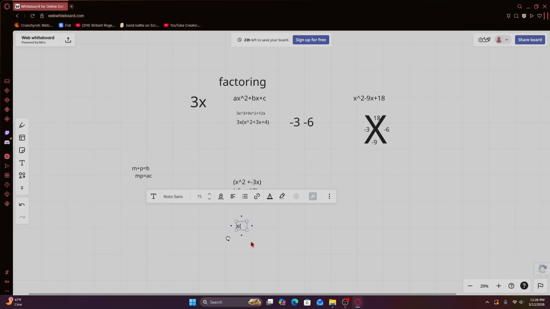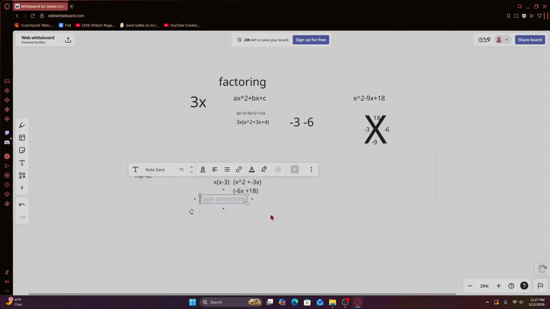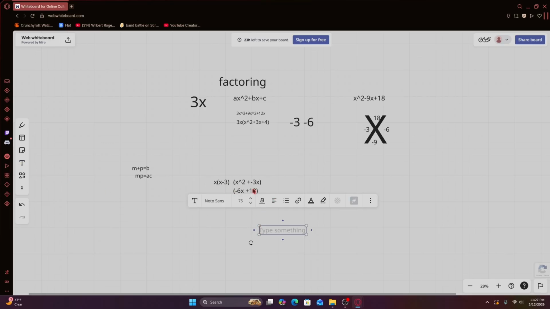Then x squared divided by x is x. We're going to subtract whatever negative 3x divided by x is, so we subtract 3. For our second group, we can guarantee a negative 6 in both terms, but x isn't in there, so we leave x.